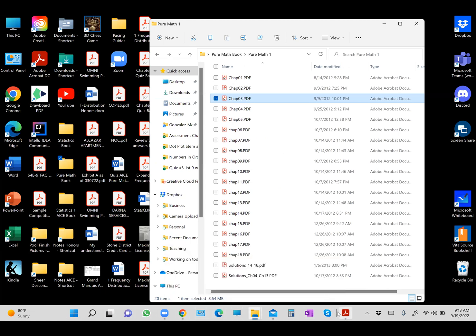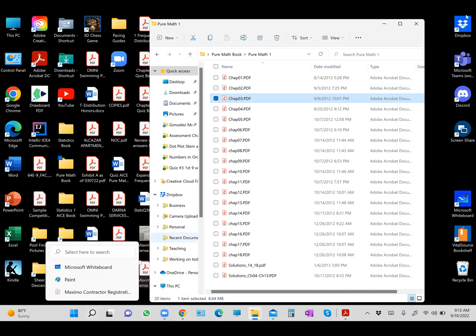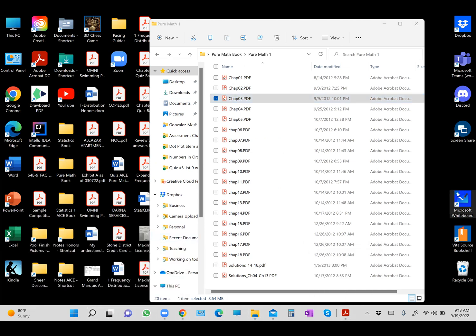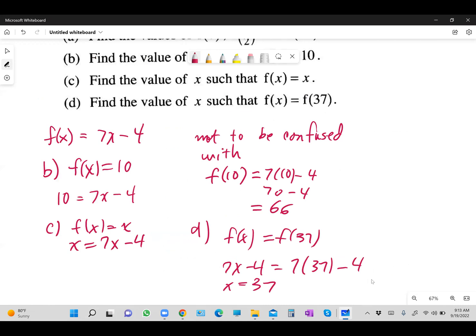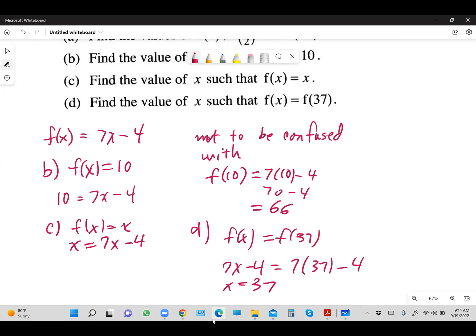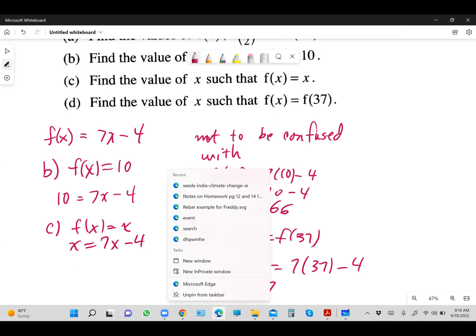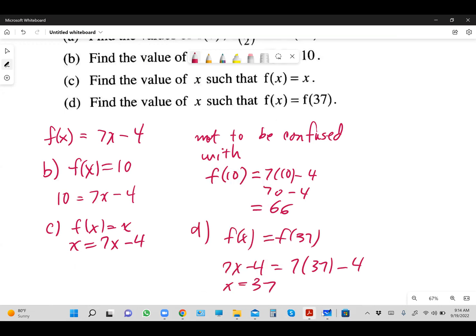Does anybody know where my whiteboard would be? There you go. It's just, for some reason, I don't see it here. So let me just start taking stuff off. Unpin this. Maybe it gets a little bit more space, and let's unpin something else here. Of course, let's unpin. No, I want to unpin you. I want you out of my, we don't use you. All right, so now it should appear here.